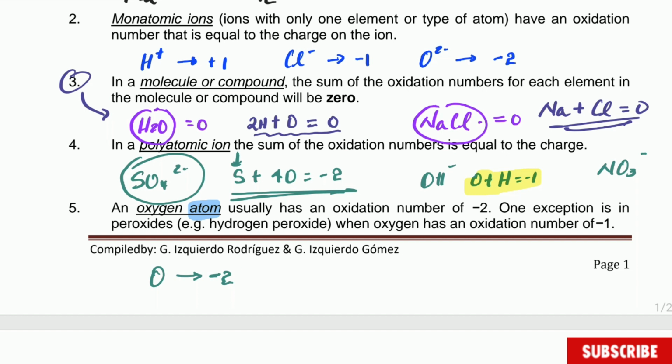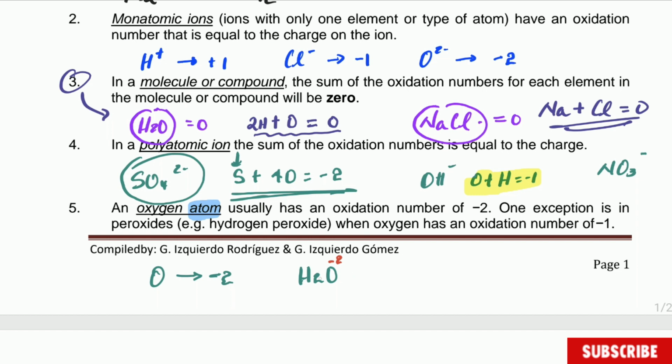Now, when I say oxygen atom, I mean oxygen when it is in a molecule. For example, in the H2O that we spoke about, we can say that the oxidation number of oxygen within this molecule is going to be -2. We can write it here so we know that.